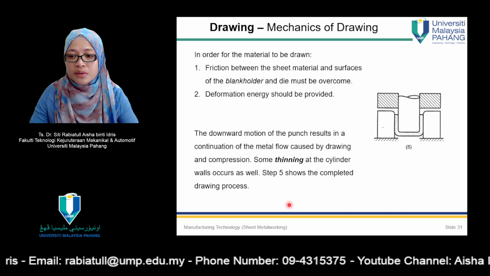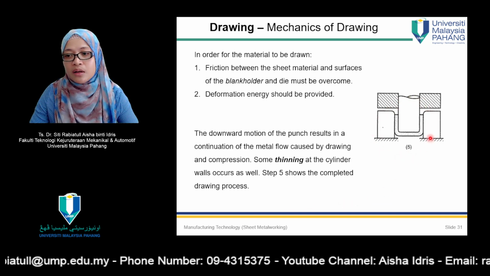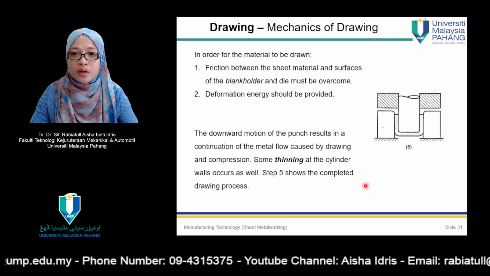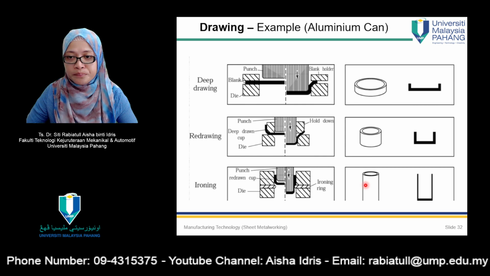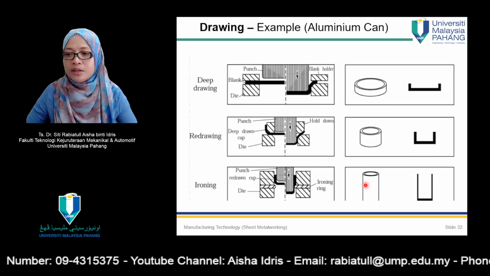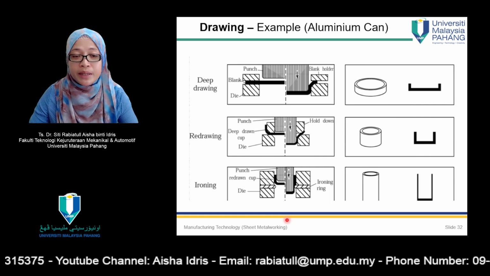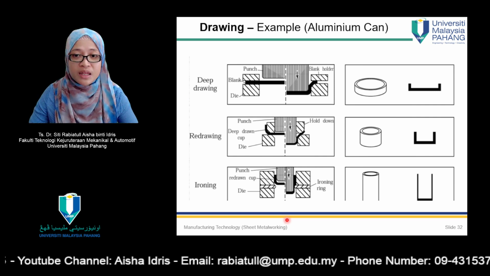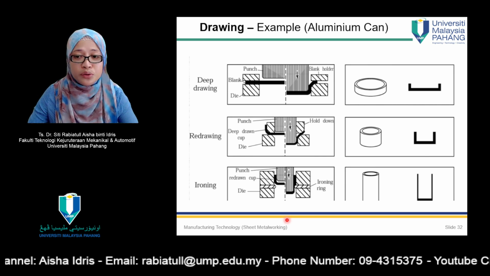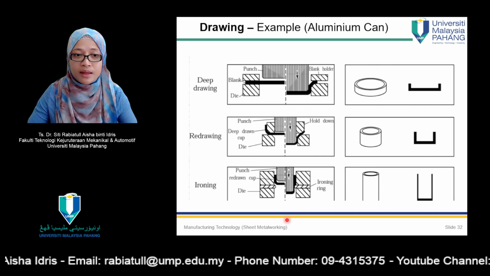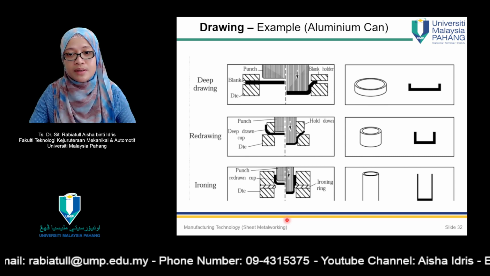Step 5 shows the complete drawing process. So basically, this is the final product of a drawing process. This figure here shows you how to produce an aluminium can, because some people think that to produce an aluminum can, we can just use one step of drawing, and that's it, the can itself is final by using a single process.